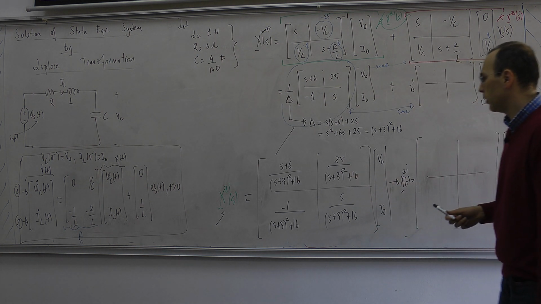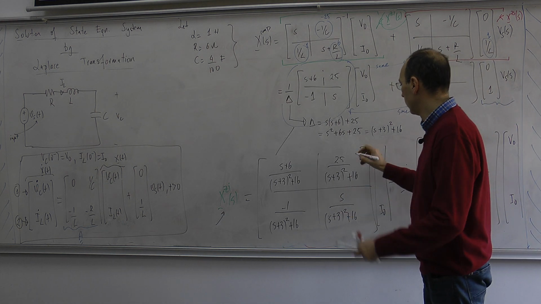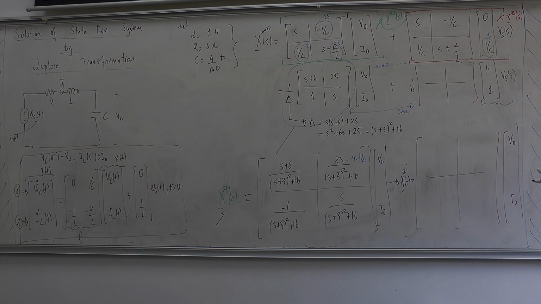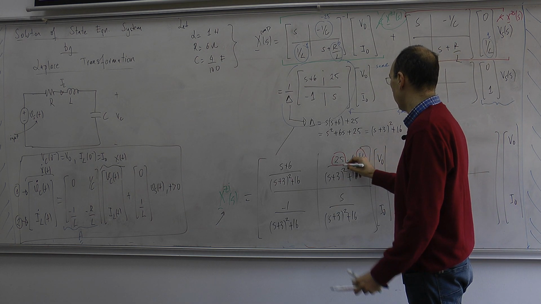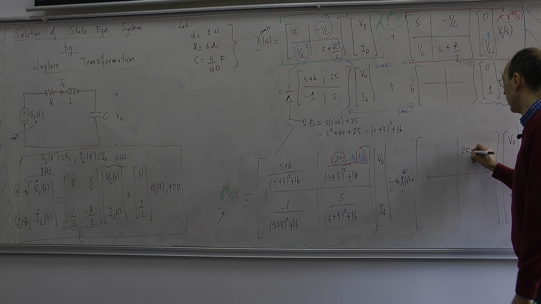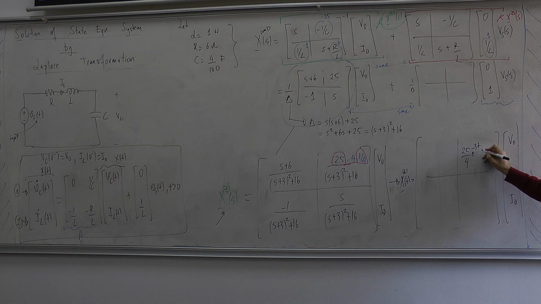So let's start with this one. If I put 4 and 1 over 4 over here, which is 1, and if I combine these two, this becomes immediately 25 over 4 e to the minus 3t times sine 4t.